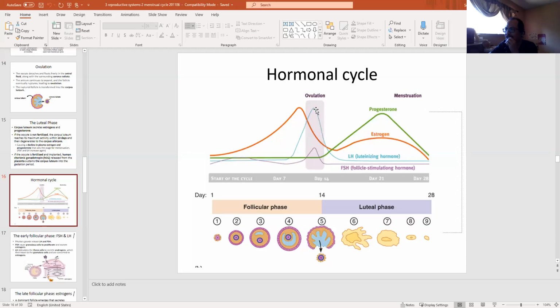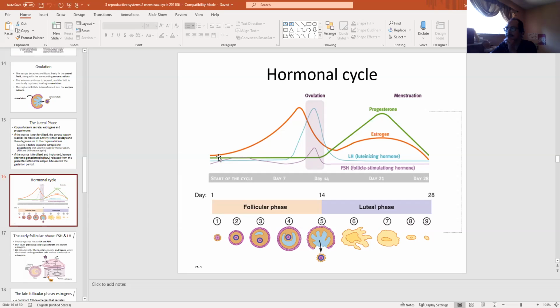It's not like a continuous fight. So that finished. Now after that is the show of the corpus luteum, and the corpus luteum takes over. The corpus luteum will start to secrete two types of hormone. One is the estrogen, but not just that, it also secretes the progesterone.